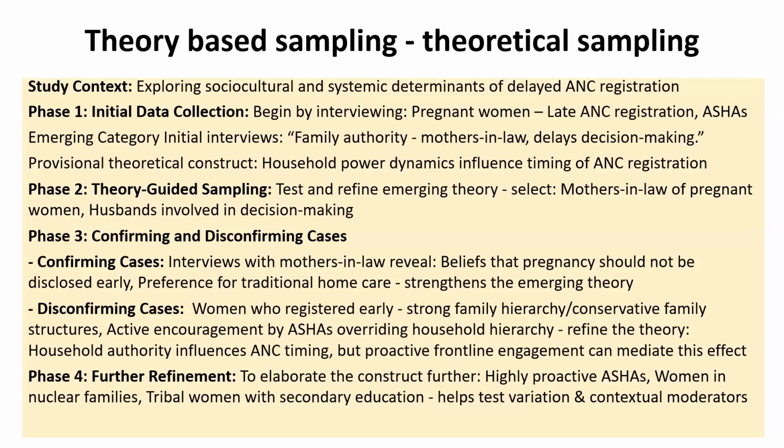You began by interviewing pregnant women and ashas, but then you got to know you have to interview other family members. And then within that scenario, you could identify people who will confirm or who will go against your theory, which will help you refine your theory of why women register late, and whether there are mechanisms by which we can overcome these factors which affect delayed ANC registration.